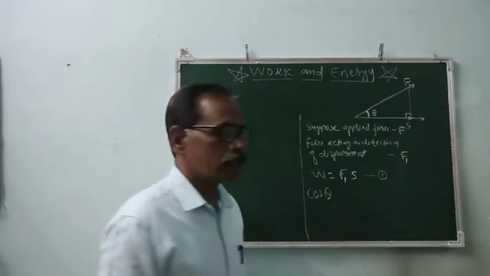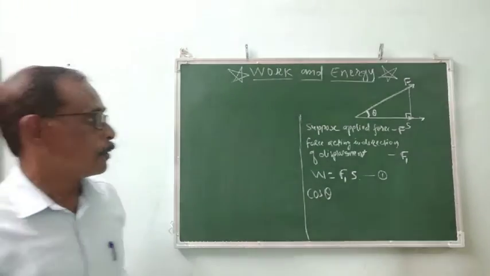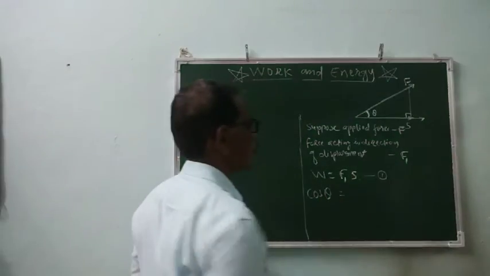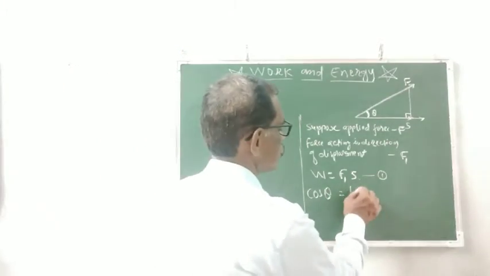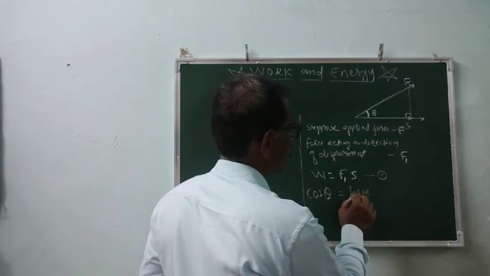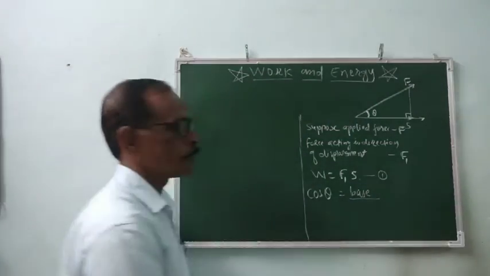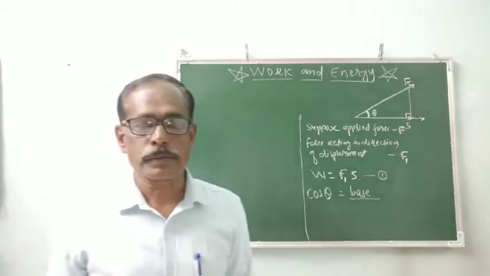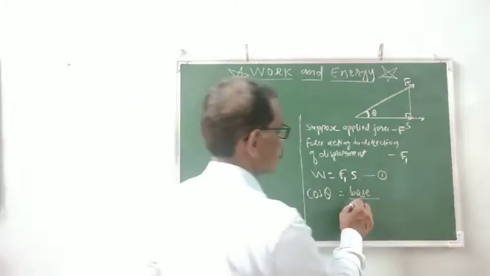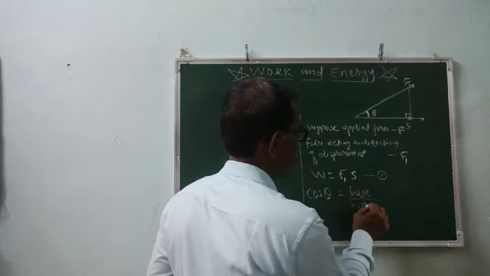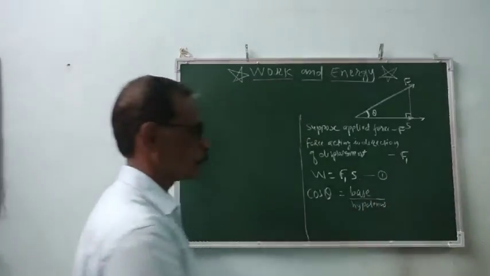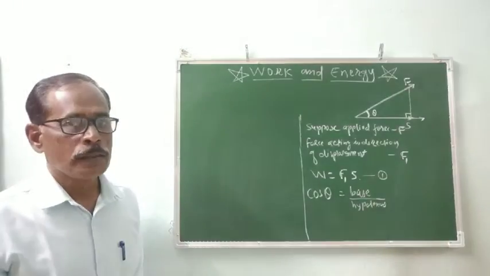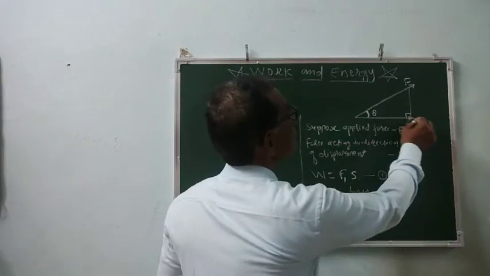According to the trigonometry, the value of cos theta is base of the triangle divided by hypotenuse. Now see here, what is the base of the triangle?